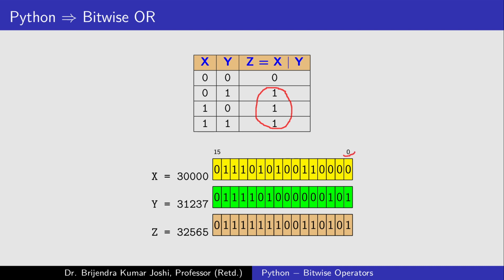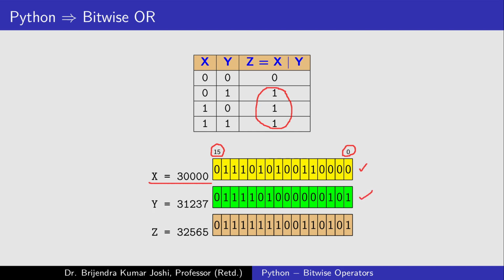So the least significant bit has been numbered as 0, whereas the most significant bit has been numbered as 15. So 0 through 15, total 16 bits. For example, if x is equal to 30,000, its bit representation would be this one. If y is 31,237, its bit representation is this one.